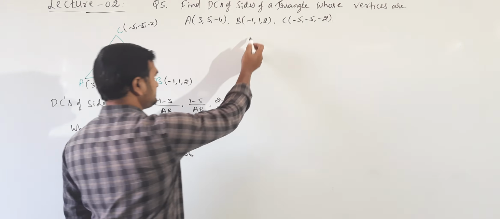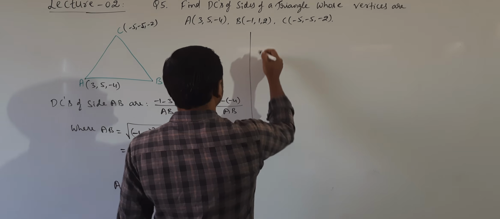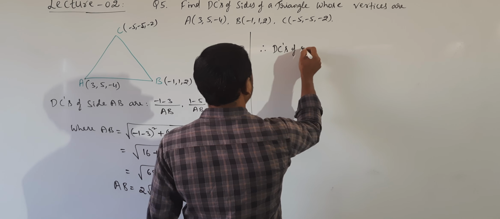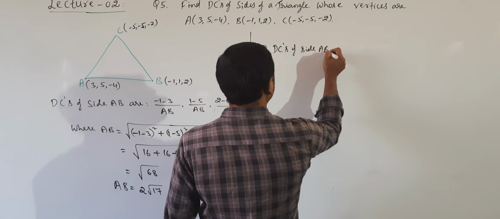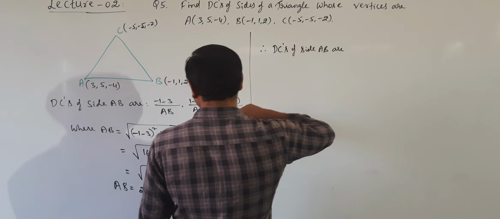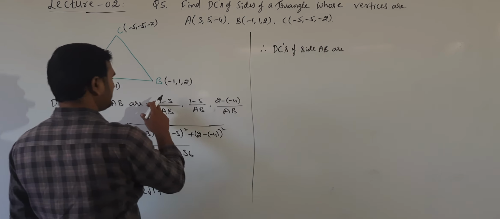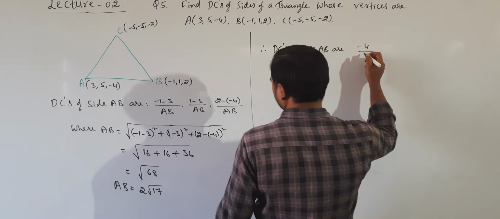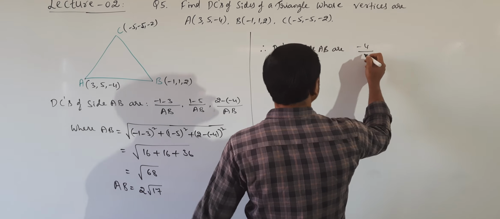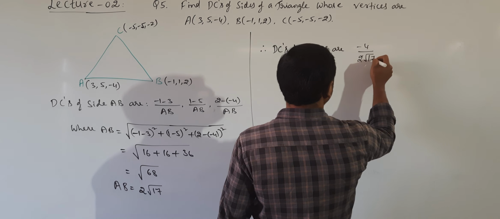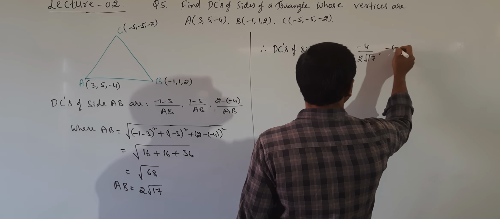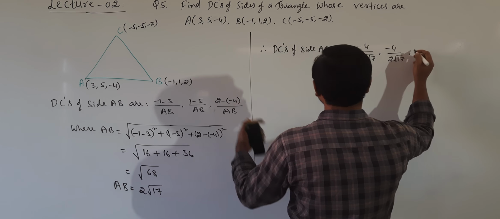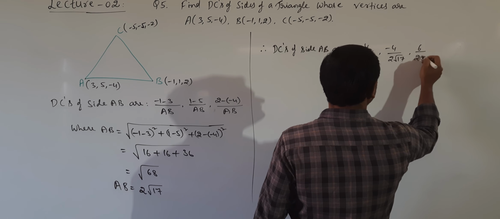Therefore the DCs of side AB are minus 4 by 2 root 17, minus 4 by 2 root 17, and 6 by 2 root 17.